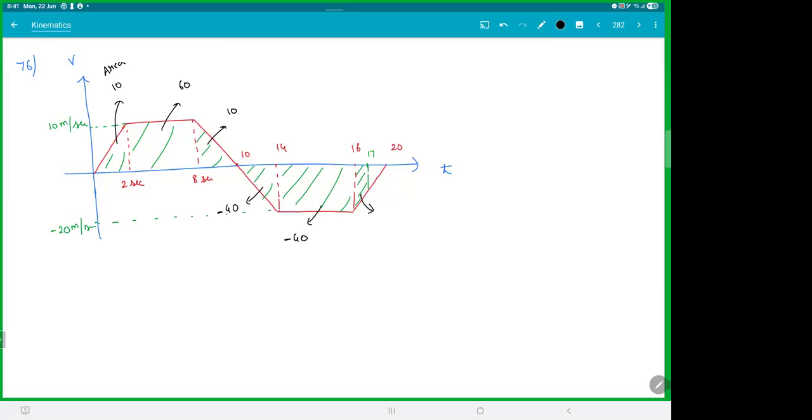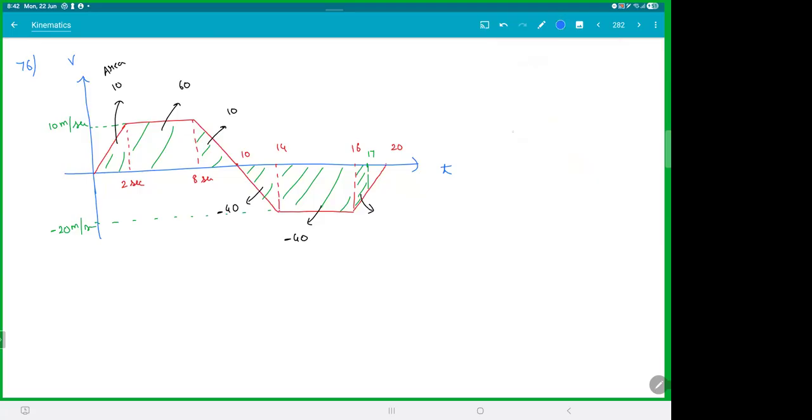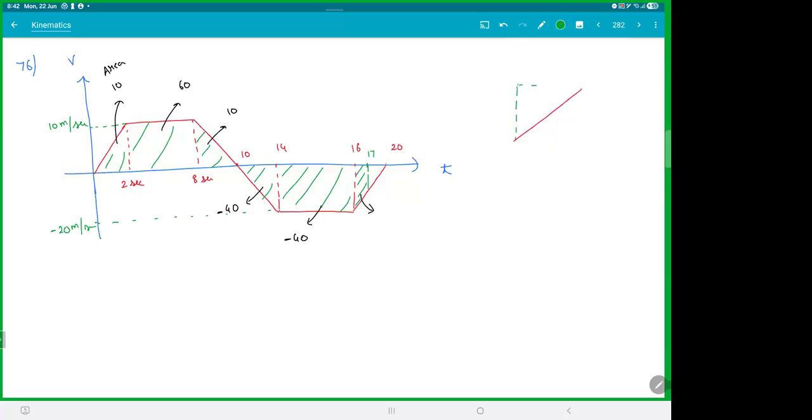This piece area will be how much? That's a small trapezium. And you can just draw that. So this height was 20. This angle is same.